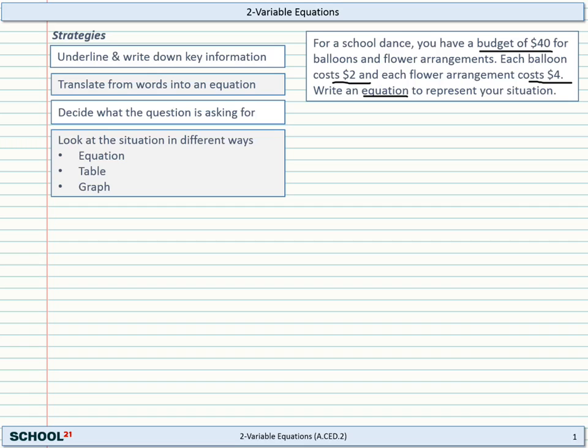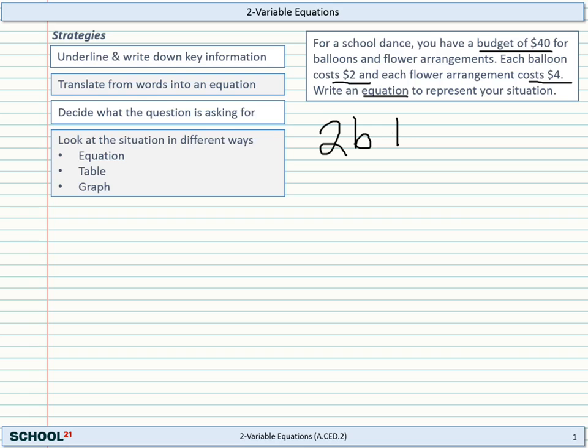Each balloon costs $2. So if I take the 2 and multiply it by the number of balloons, and let's just use B for balloons. And each flower arrangement costs $4.